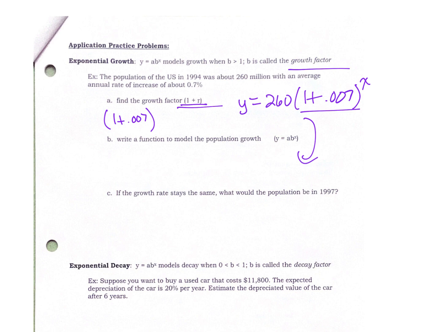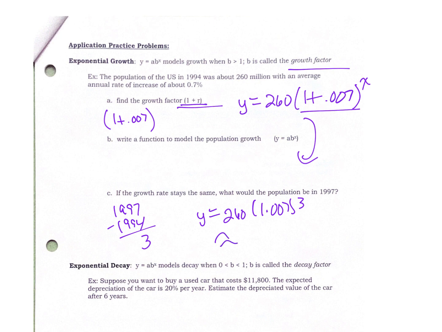Okay, so if the growth rate stays the same, what would the population be in 1997? We have to figure out what the span of time is that we are looking at. So we've got to do 1997 minus 1994. So we know we're going to plug in 3. So 260 times 1.007 raised to the 3rd power.